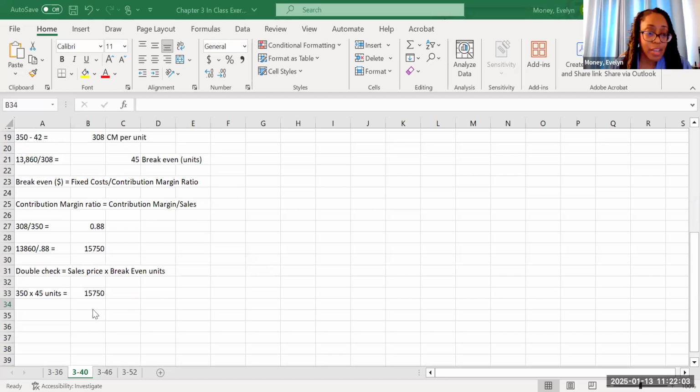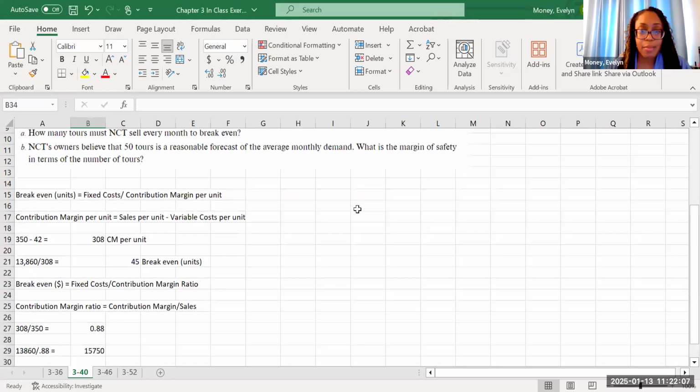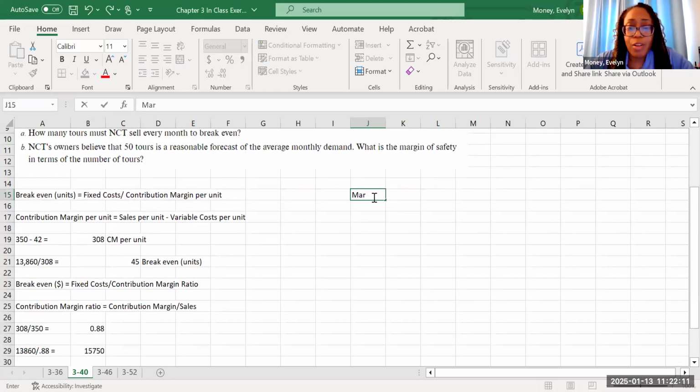Let me scroll down because I have all this information from when I did the previous problem. Let me put the margin of safety stuff over here. So margin of safety is equal to current or expected sales minus break even. Of course, you have to calculate the break-even point first.